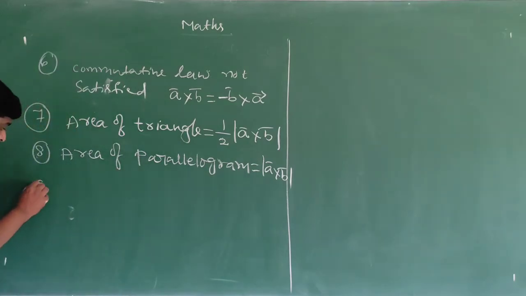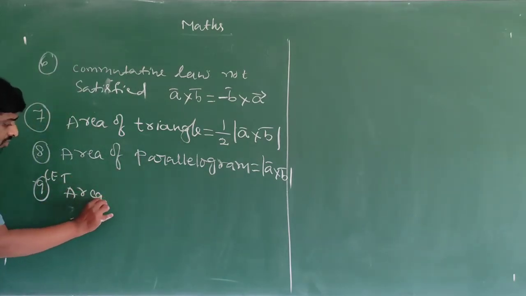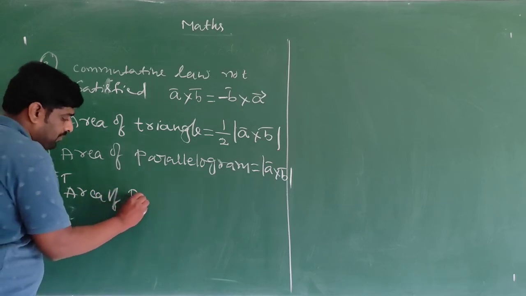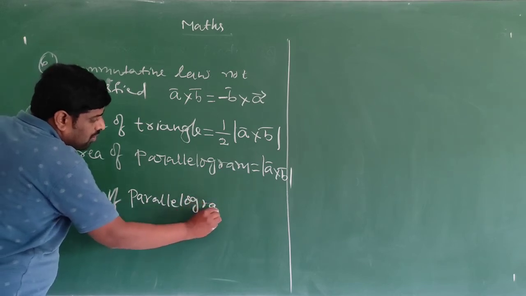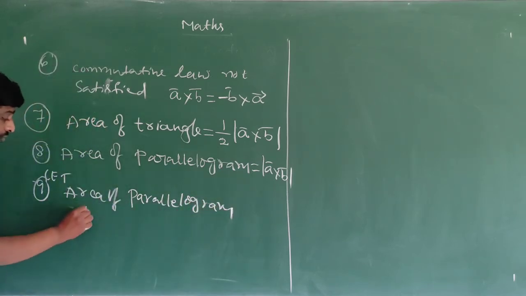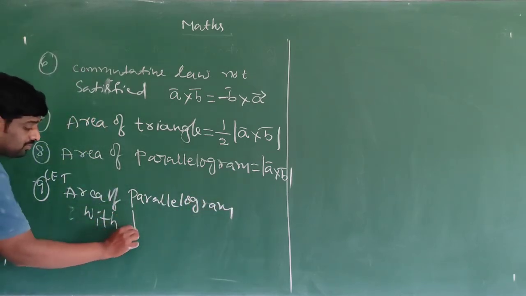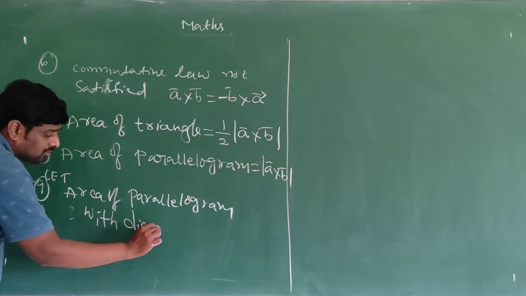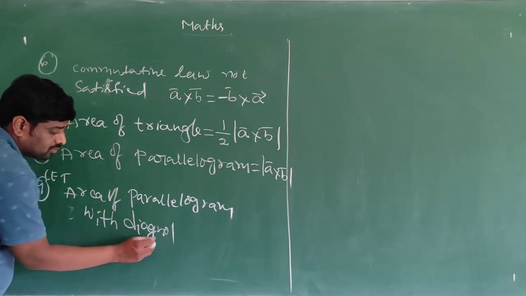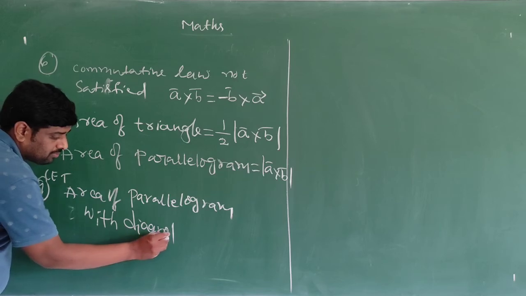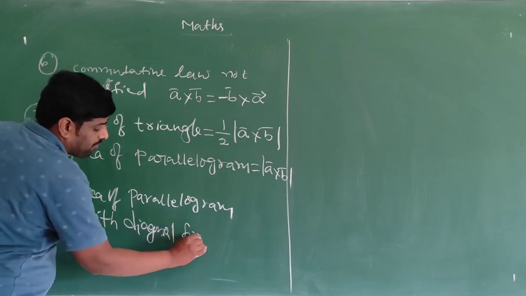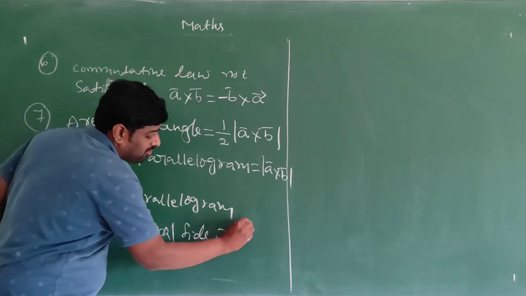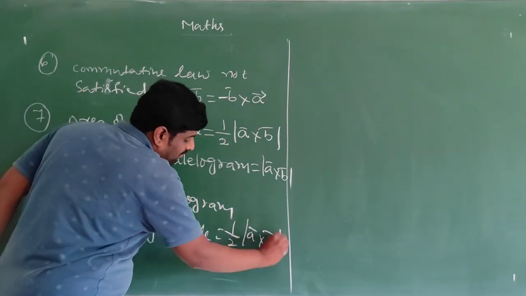Next, for CET, area of a parallelogram with diagonal sides.